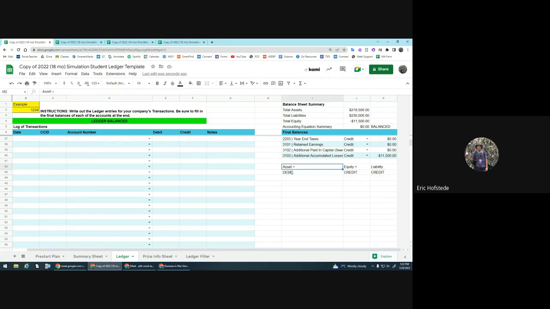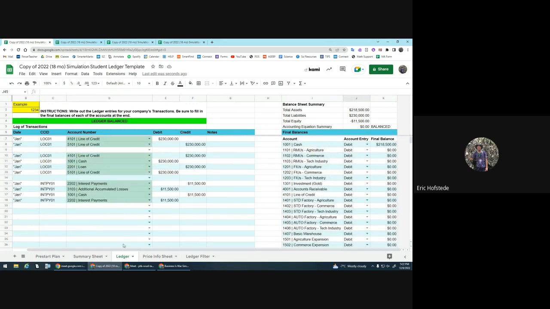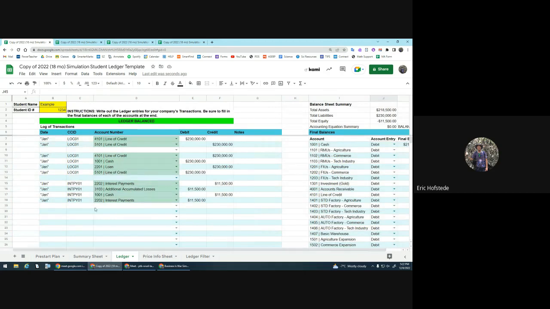Assets go up when they're debited, equity goes up when it's credited, liability goes up when it's credited. If you don't debit an asset, but instead credit it, it will go down. So there's a little reminder for yourself too. Whenever you're wondering, do I debit or do I credit? Ask yourself, what account is it in? And is my dollar amount going up or is it going down?